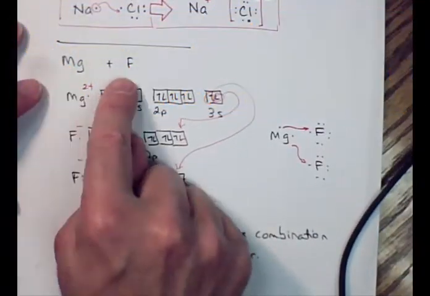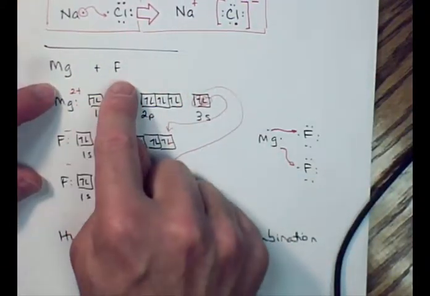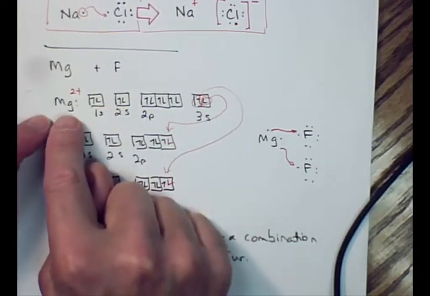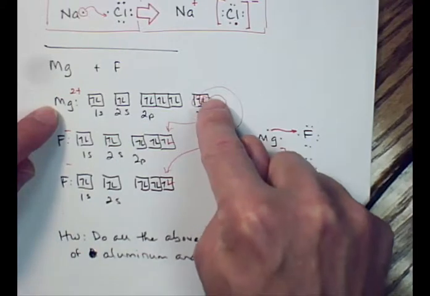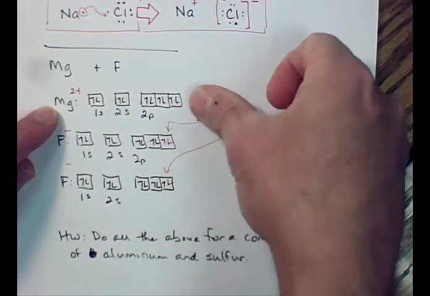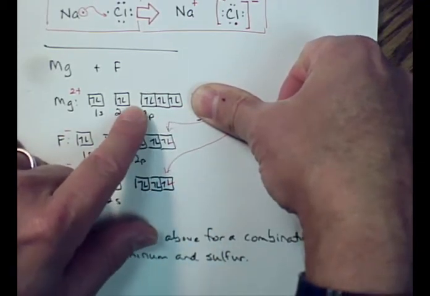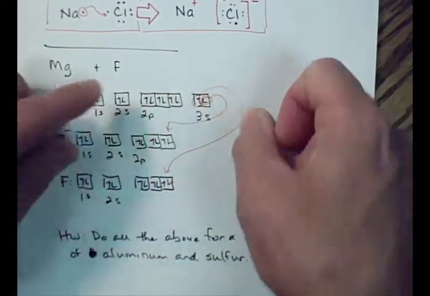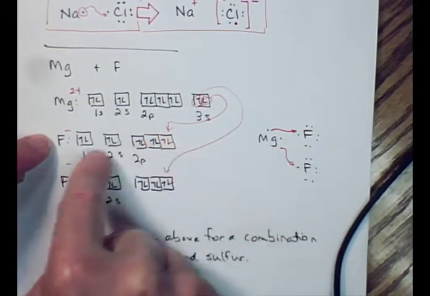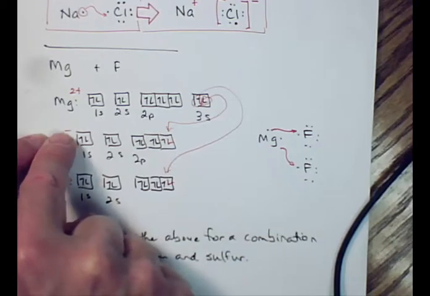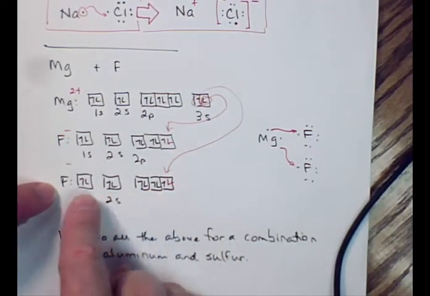So here's the method for showing how magnesium and fluorine are going to combine ionically. You have a magnesium that has a 2+ charge because it's going to lose both its electrons in its outer energy level. What remains is a full energy level, 1 level down from its valence level. And the first electron goes to this fluorine. So there's 1 more electron added to fluorine. It has a 1 negative charge. But that second electron needs a second fluorine to go to.